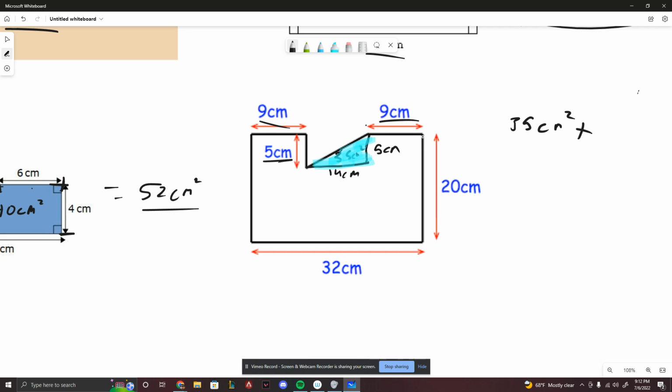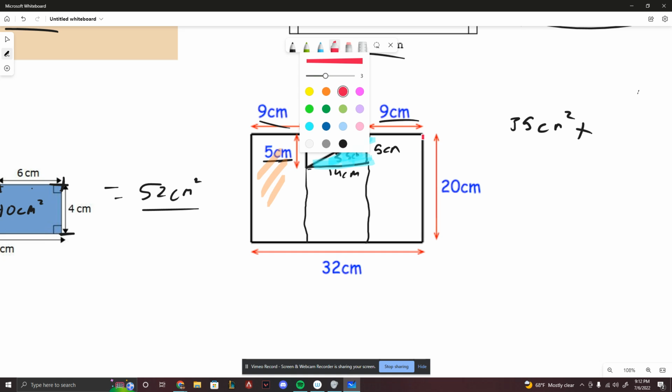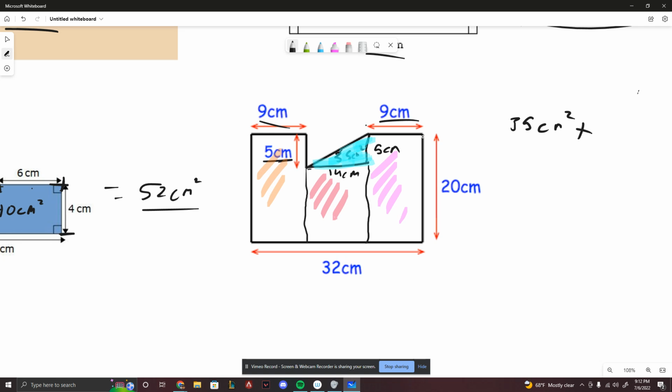And the way I see it is drawing it down this way and drawing it down this way to find a height in all different colors. This rectangle, and this rectangle. So let's get started.